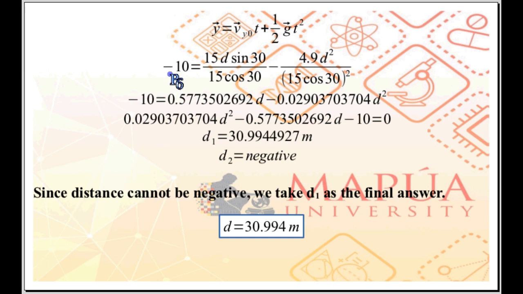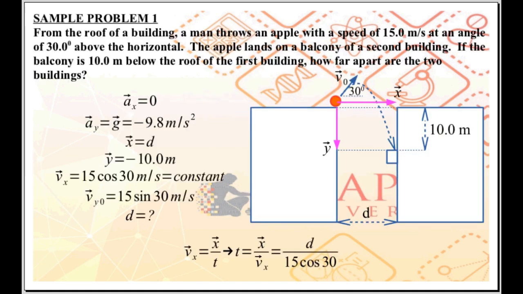Next, we analyze the y component. Free fall motion, that's basically uniform acceleration. You have 4 equations to choose from, using y is equal to vy t plus 1/2 g t squared. Note that we have an equation for t which we got from the x component.